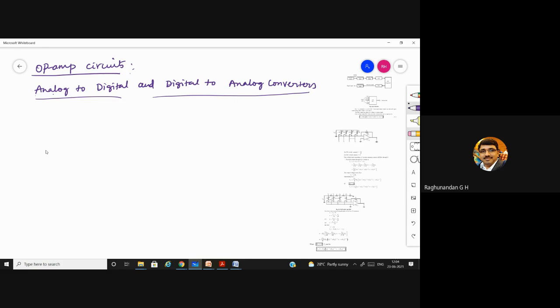Whenever you are transmitting the signal over the air or through any wired media, the signal will be converted into analog form again. So that's why we need a device which is going to convert analog to digital and digital to analog wherever required based upon the situation.